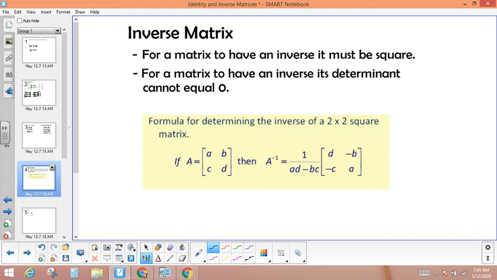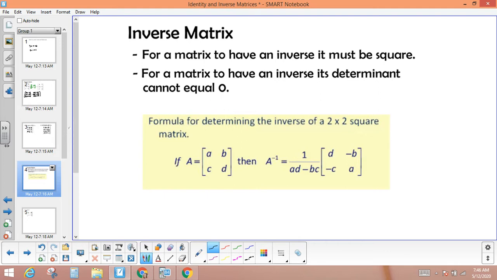The reason for that is there's a formula that you can use for a 2 by 2. If it's anything bigger than a 2 by 2, there's not really a formula. There is a way to do it by hand using some operations that we haven't shown y'all. You can look in your textbook at the first section of this chapter, and it goes through that operation.